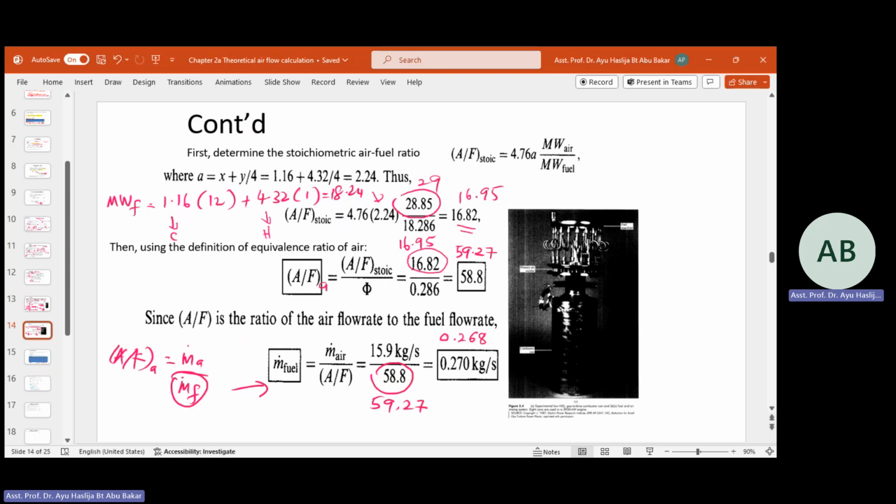Okay, ya. So all the equations tu dia interconnected lah. From the equivalence ratio, AF. The A is the important part.